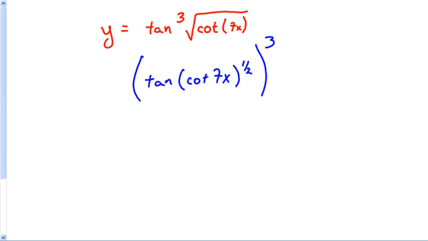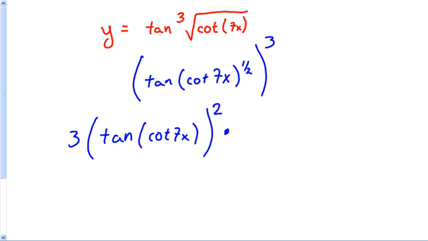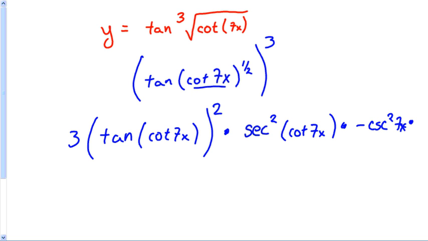This is just wrong, whoever came up with this. 3 times, take the derivative of the entire function, cotangent 7x to the square times the derivative of tangent, which would be secant square cotangent 7x times the derivative of cotangent, which derivative of cotangent is negative cosecant square 7x times the derivative of x, which is 7.